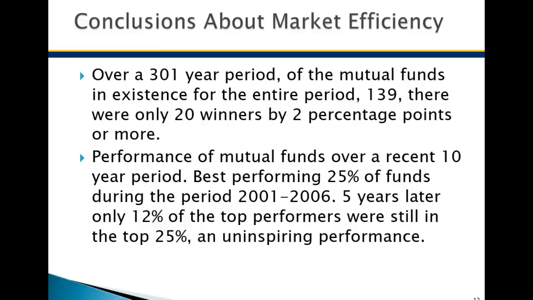So if there were 200 stocks that constituted the top 25% for the 10-year period, only 24 of those 200 would still be in that top 25% 5 years later. Meaning it's very difficult for mutual fund managers to consistently outperform the market and be on top. It's an uninspiring performance, but this is why you don't chase performance in mutual funds.